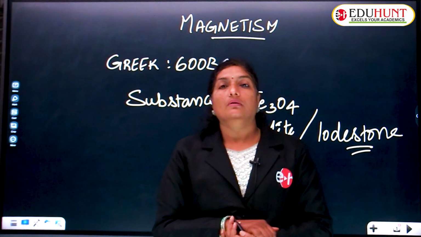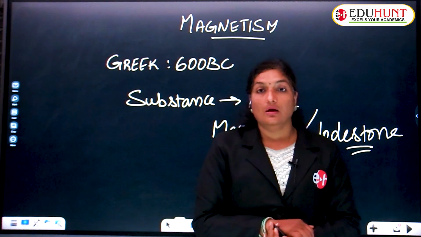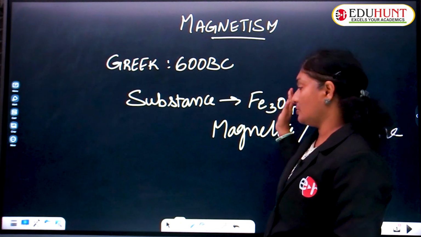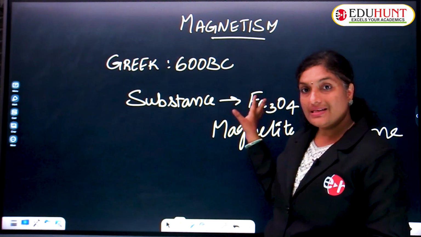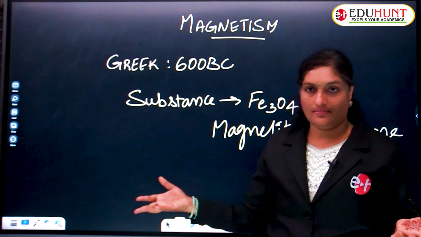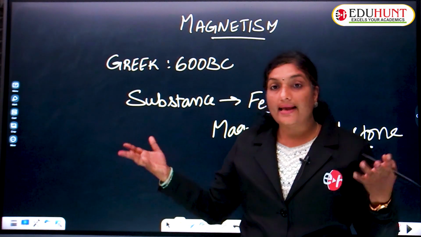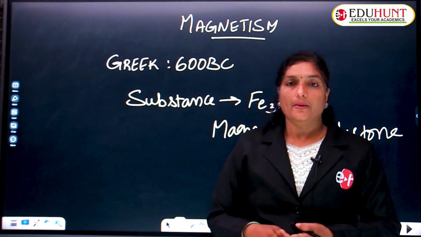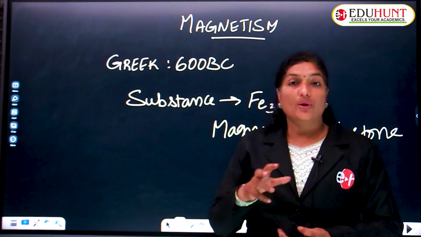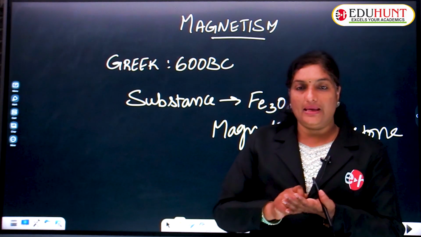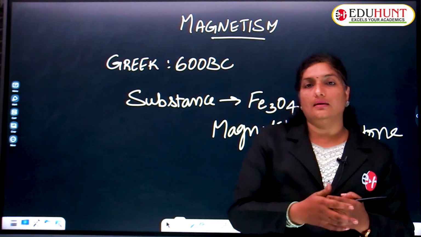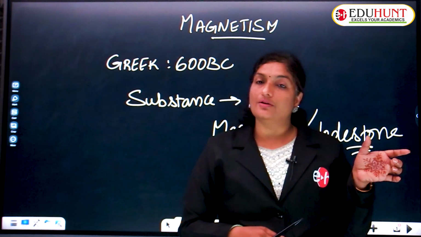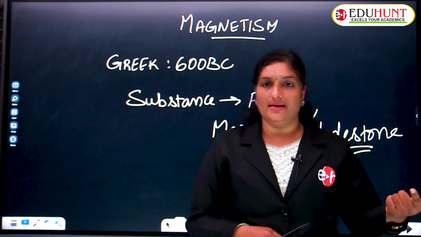One thing you need to know is that magnetite or lodestone is found in nature. Hence, these are called natural magnets. Whereas, after continuous rubbing or due to some other applications, a magnetic material like iron, cobalt or nickel can also get magnetized.